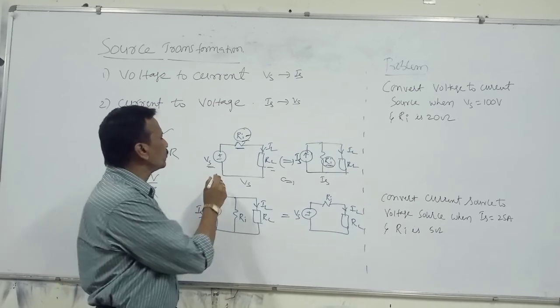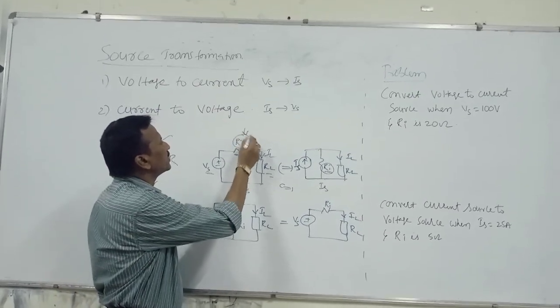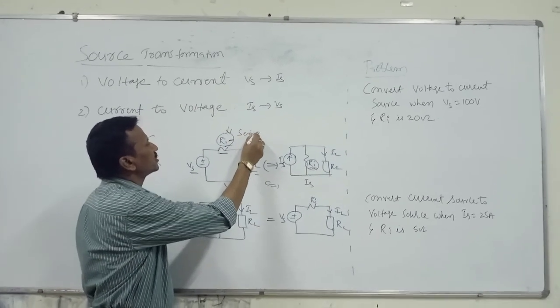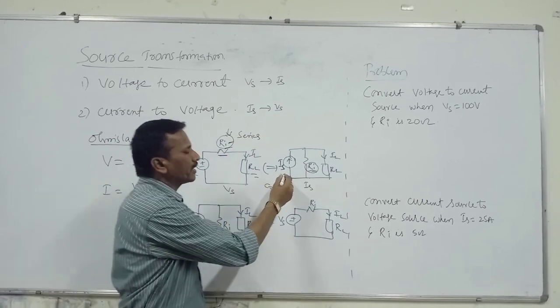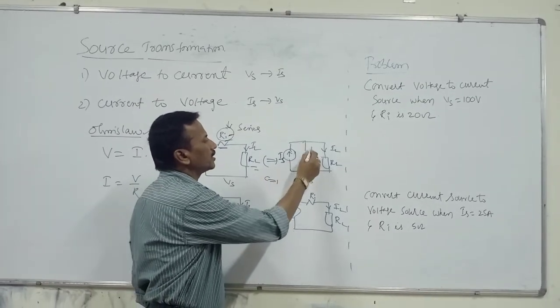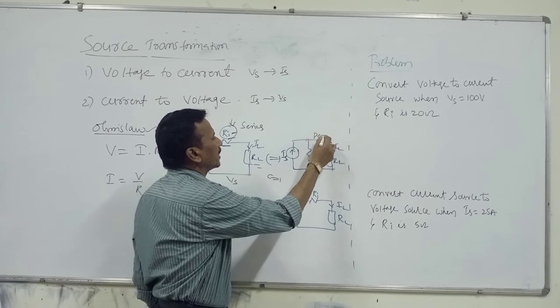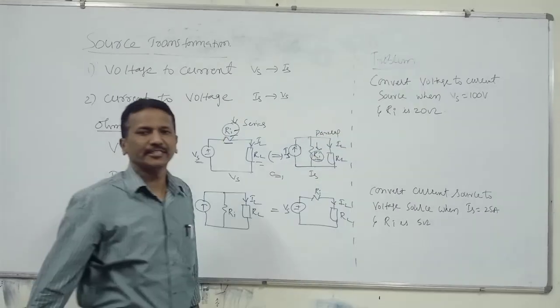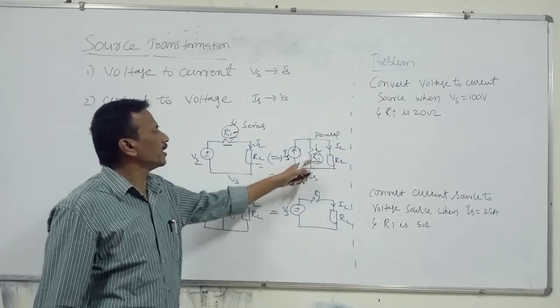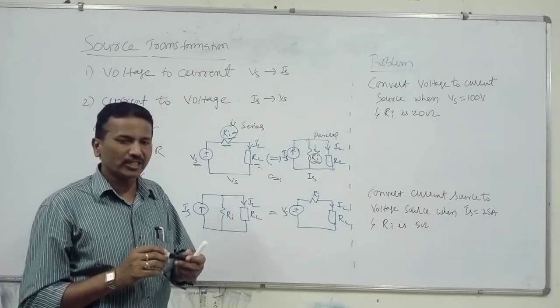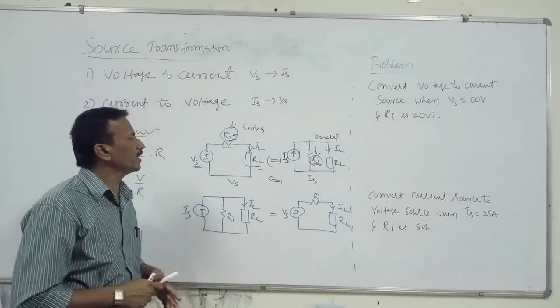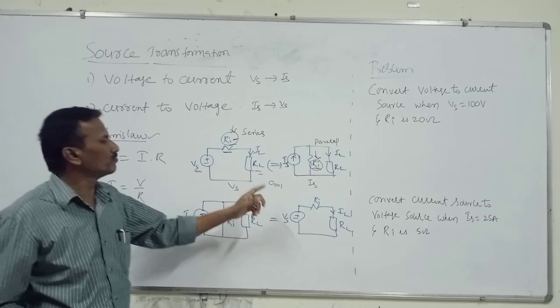Whenever we discuss a voltage source, the internal resistance is in series connection. Whenever we have a practical current source, the internal resistance is in parallel connection. The connections are different, but the values are the same. That is very important in source transformation.